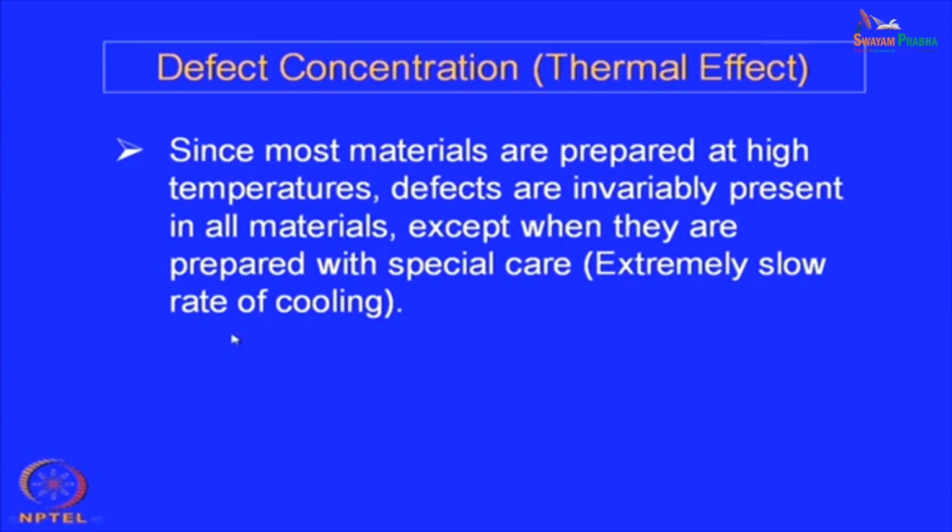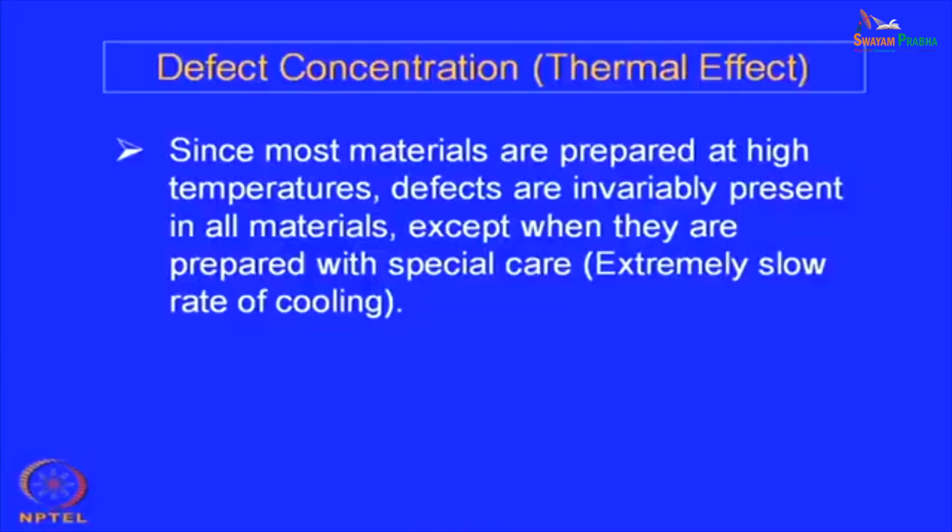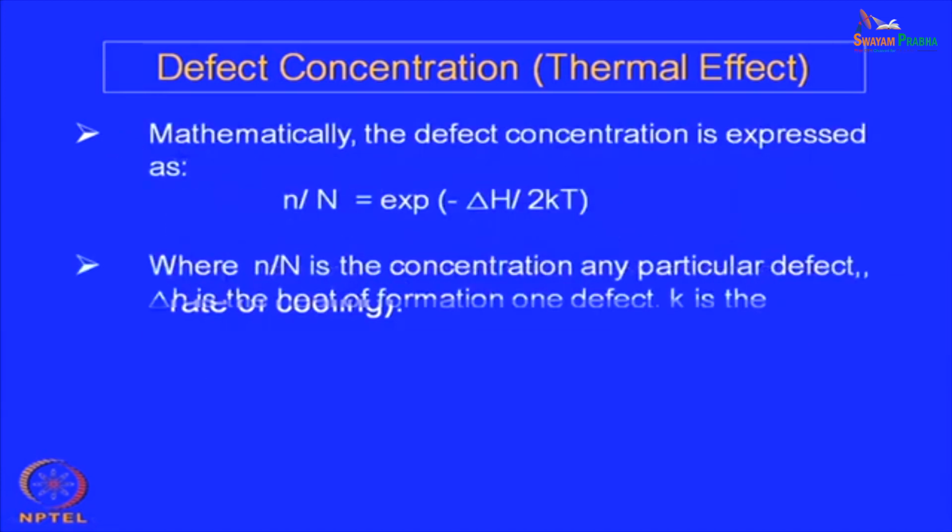If somebody wants a defect-free material, not only pure, then they have to take very special care so that the defects are not generated. But under normal circumstances defects will be generated, and they actually tend to minimize the free energy of the system, and minimization of free energy means it is more stable thermodynamically.